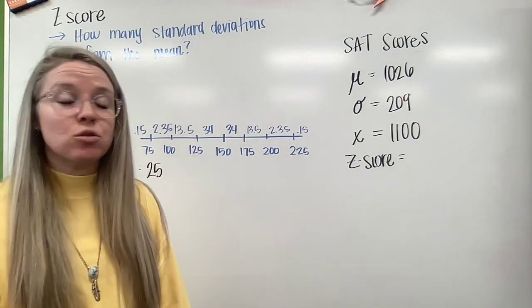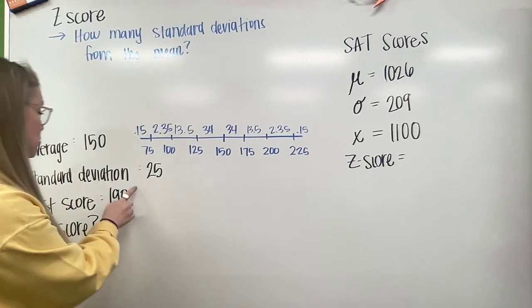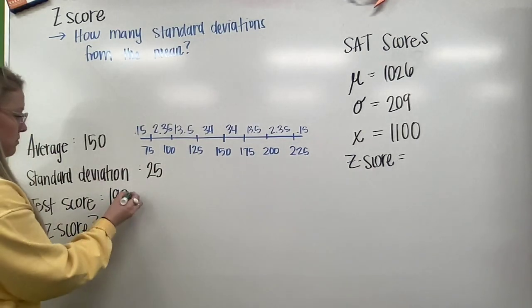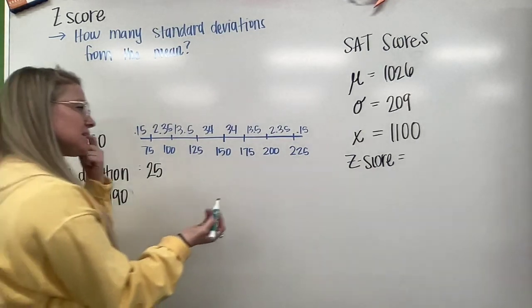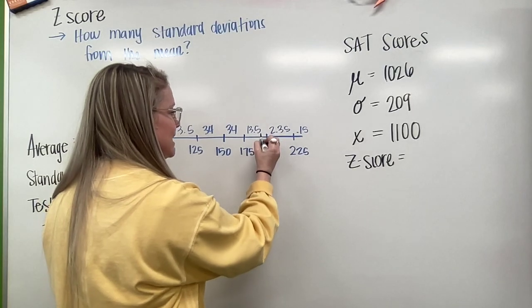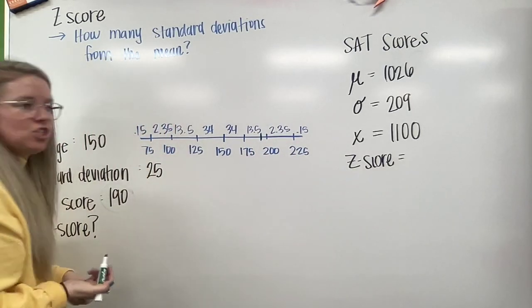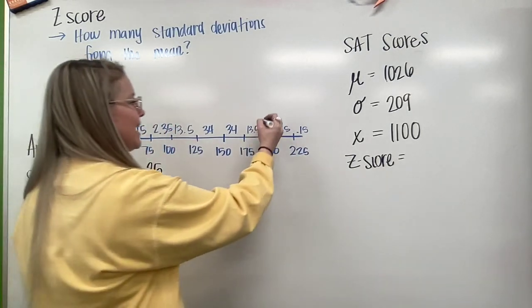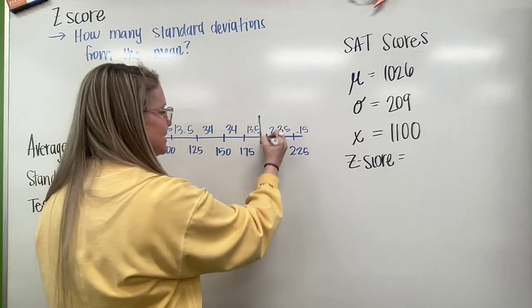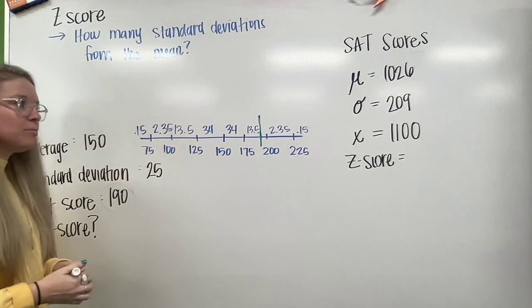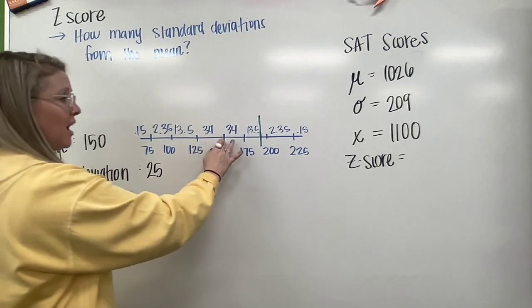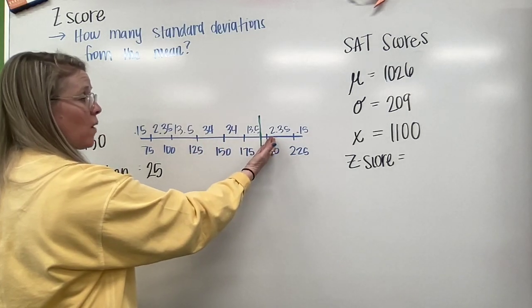How many people did I score better than if I scored a 190? The problem is here, my 190 is somewhere in this general area. But that doesn't necessarily split that into a nice percentage, and it's not a perfect 2 standard deviations away.